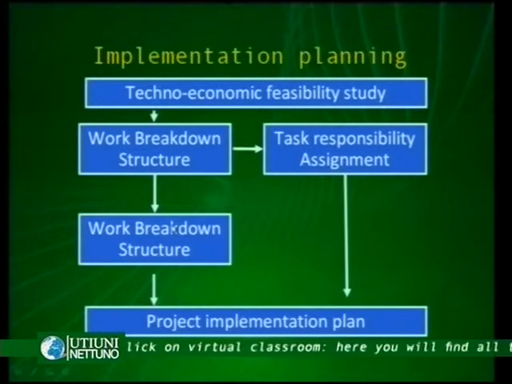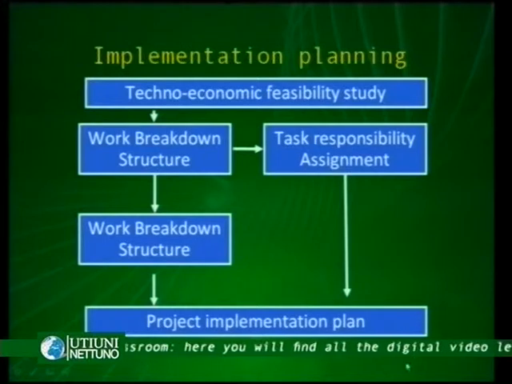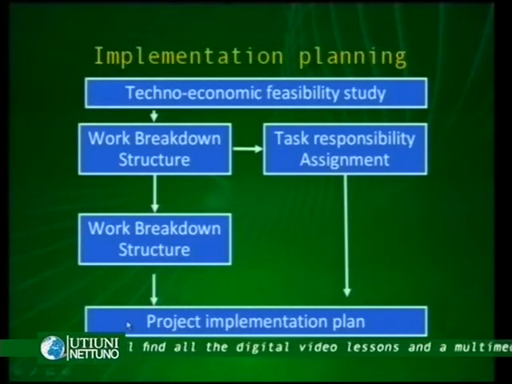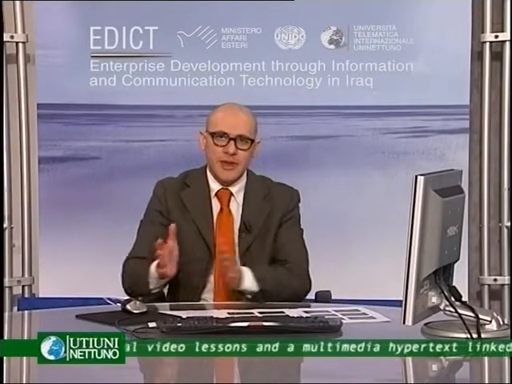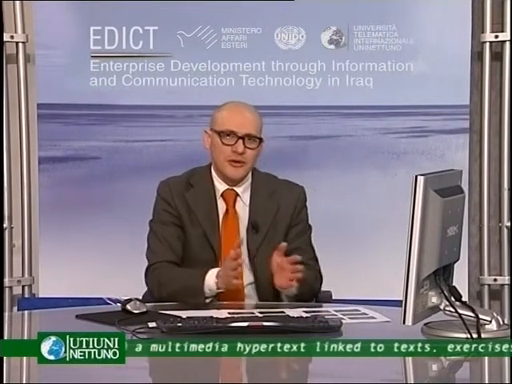So here we have a refinement of the work breakdown structure, and ultimately we have the project implementation plan. The project implementation plan considers both the activities to be put into place and the resources, technical and human, to be employed in such a process.